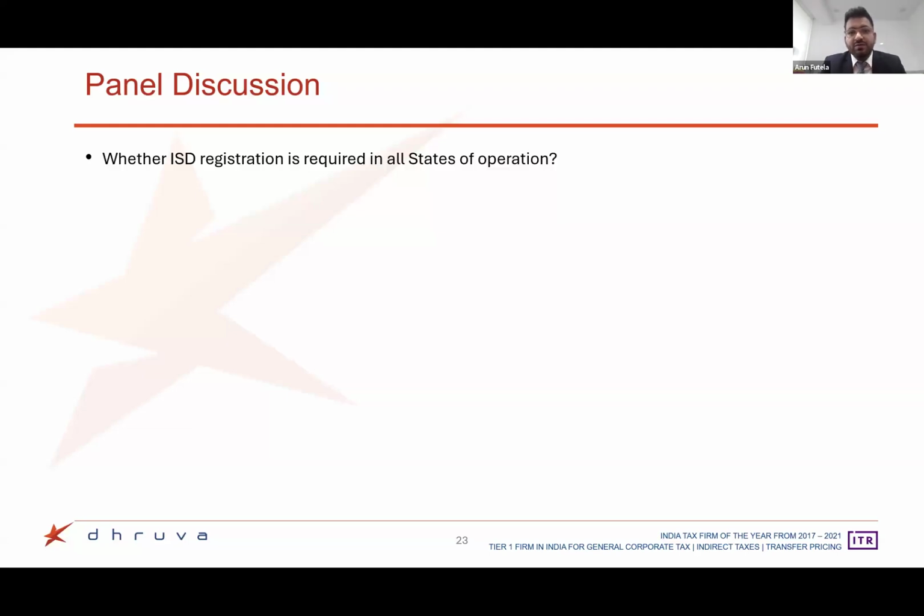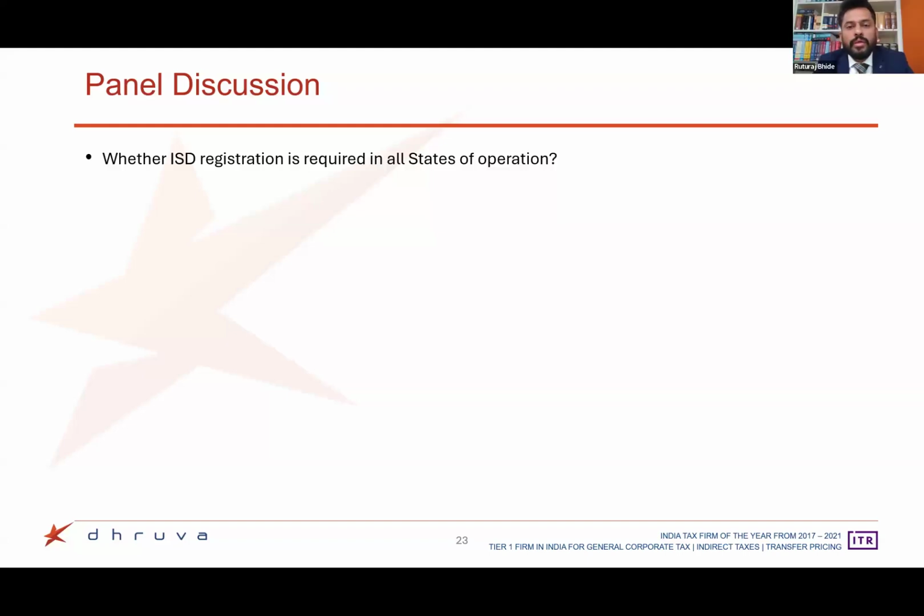If the divisional corporate offices are also being an office of the center and receiving services on behalf of all the other locations under their division only, they may also have to get registered under ISD. So it is up to your procurement structure only. If you centralize a single office and say that this is the only office which receives the common services, only that single location will be required to get ISD. But if there are more such locations, they may also be required to get the registration done at ISD.